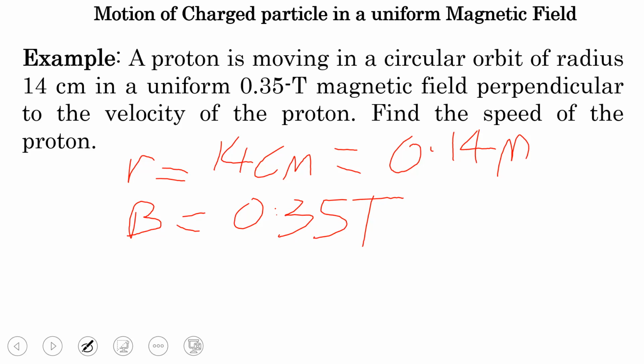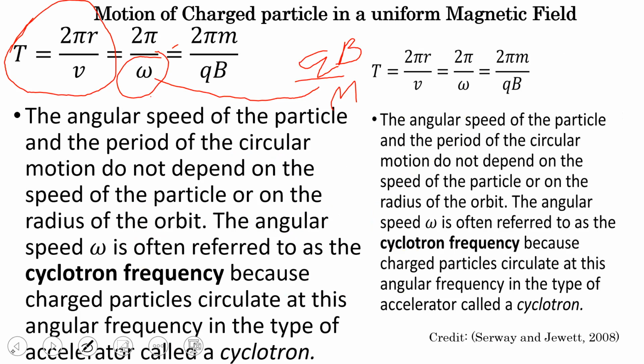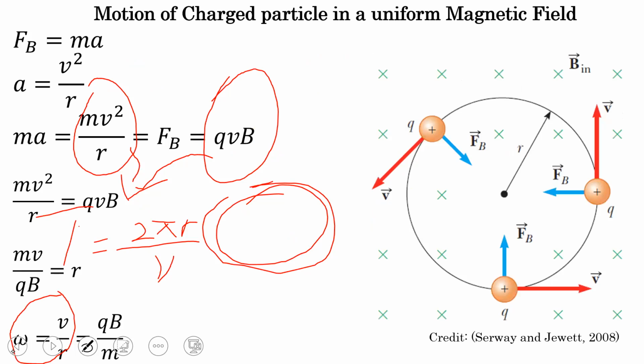So now, find the speed. Then let's go back to your cheats. Find the speed. We know R, we know B. Now we need what? We need V, velocity.